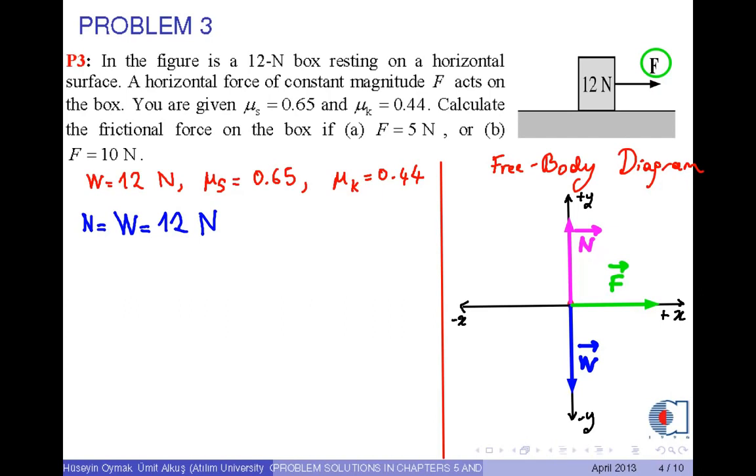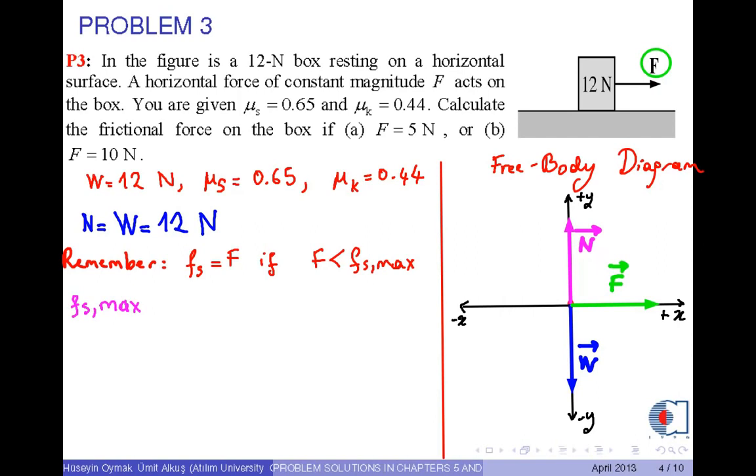As you remember from the lectures, magnitude of the static frictional force is the same as the magnitude of the net force parallel to the surface, provided that the magnitude of the net force is less than the maximum value of the static frictional force. Therefore, the first step is to calculate its maximum.